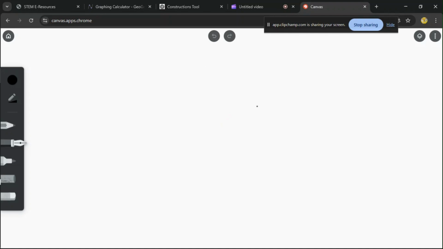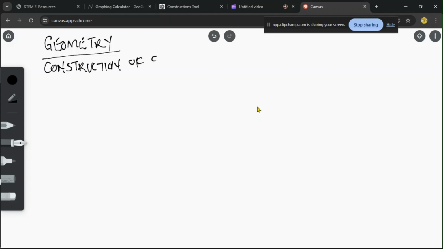So today I have special angles. This is a class of geometry, and I want us to learn about the construction of 90 degrees, 45 degrees, 60 degrees, and 30 degrees.